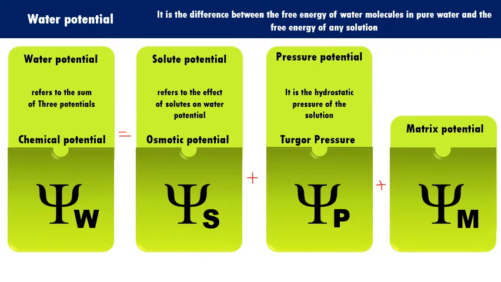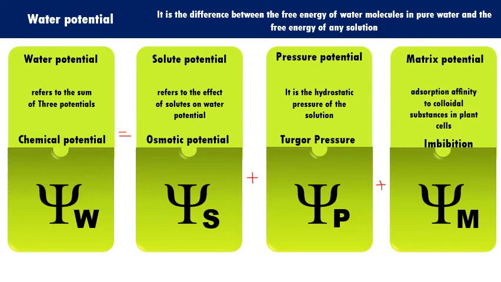And matrix potential is the adsorption affinity to the colloidal substances in the plant cells. That means the plant does not have only solubilized components. Depending on the conditions and the byproducts of different biochemical reactions, the plant cell will collect different types of substances.